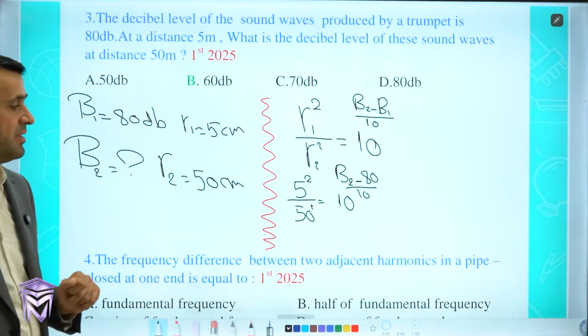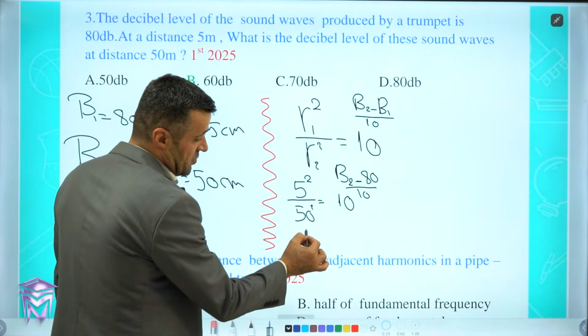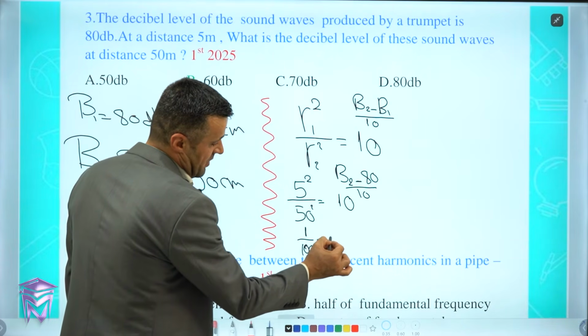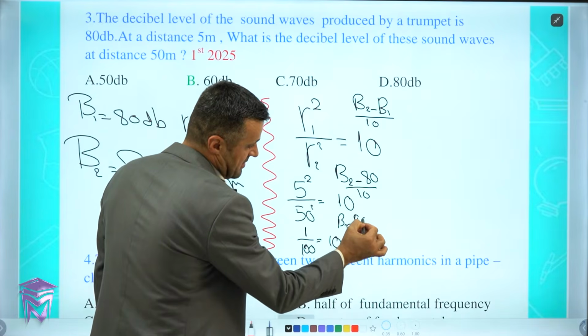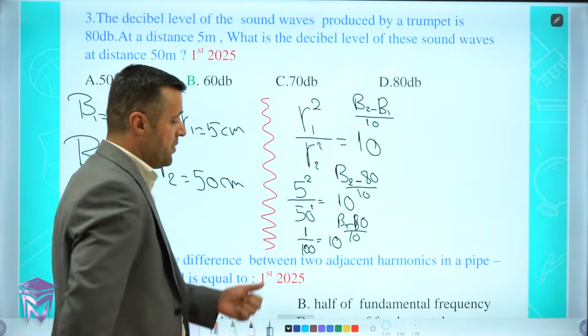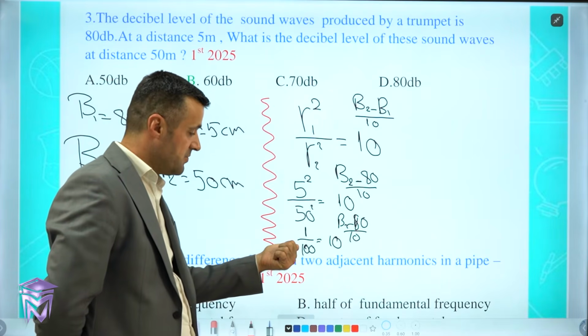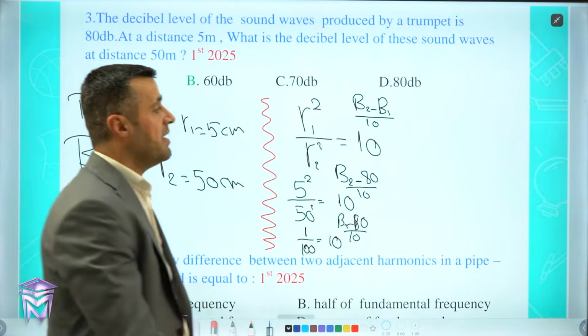5 squared equals 25 over 2500 equals 1 over 100, which equals 10 power (B2 minus 80) over 10. We know that 100 equals 10 power positive 2; when transferred to the denominator it becomes 10 power minus 2.